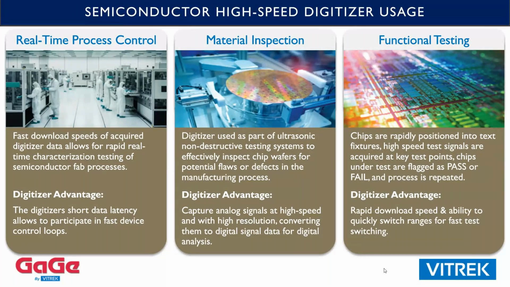In functional testing, chips are rapidly positioned into test fixtures, where high-speed test signals are acquired at key test points, and the chips under test are flagged as pass or fail. Here, the advantage of our digitizers is their rapid download speed with the ability to quickly switch ranges for fast test switching.